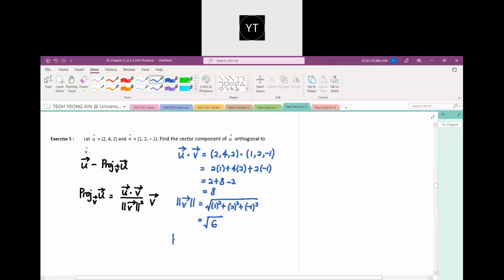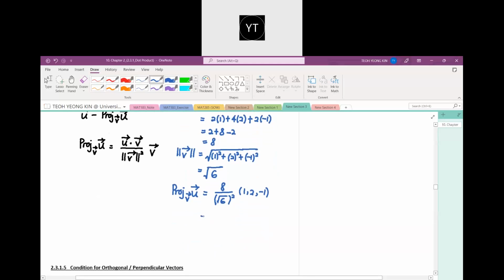So the projection of vector u onto vector v is equal to, first, the dot product, which is 8 over the square root of 6. Don't forget we have squared here. And then multiply with the vector v, which is (1, 2, -1). So here is 8 over 6 times (1, 2, -1).